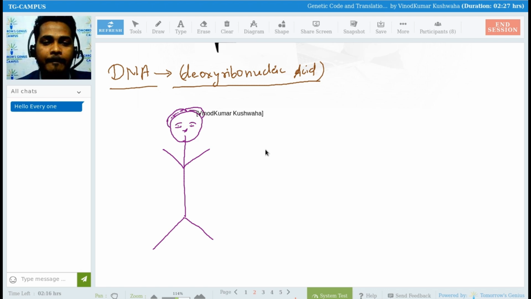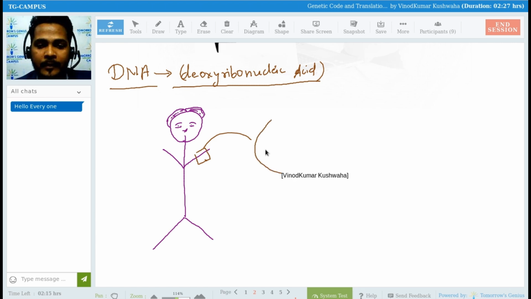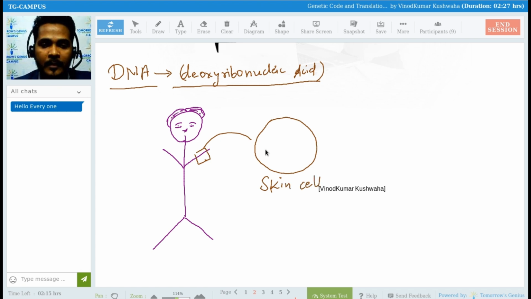So here, and this small section of the body part, it contains what? That is a skin cell, right? This is a skin cell. So in this skin cell, there is a central nucleus.